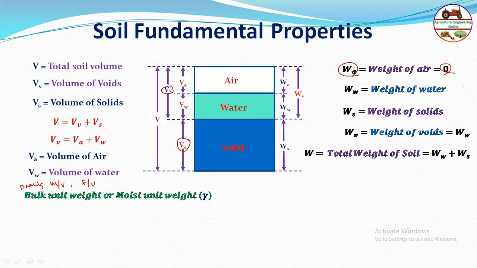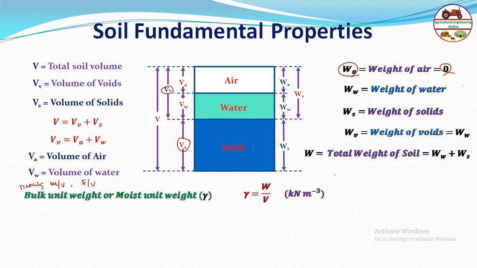So this is the only difference. In this case, we are taking unit weight. Gamma will be equal to the total weight of the soil divided by the total volume. Weight by volume gives kilonewton per meter cube, which is the unit of the bulk unit weight.